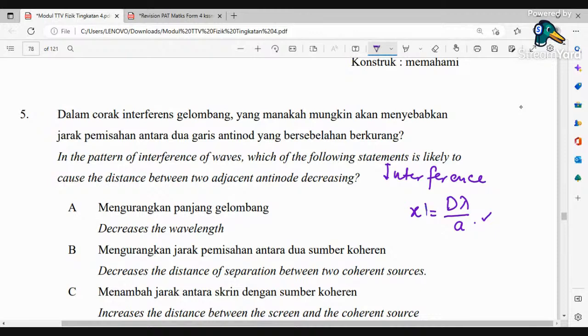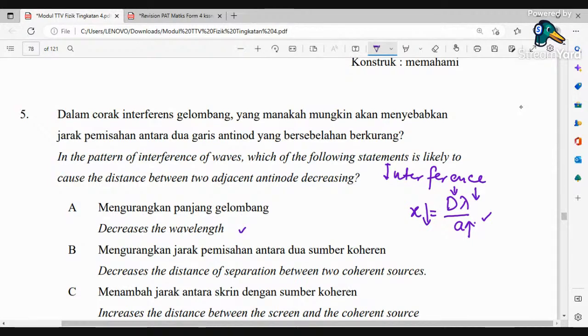To decrease x, either you decrease D, you decrease lambda, or you increase a. Because x and D and lambda are directly proportional, x and a are inversely proportional. So you can decrease x by decreasing wavelength.